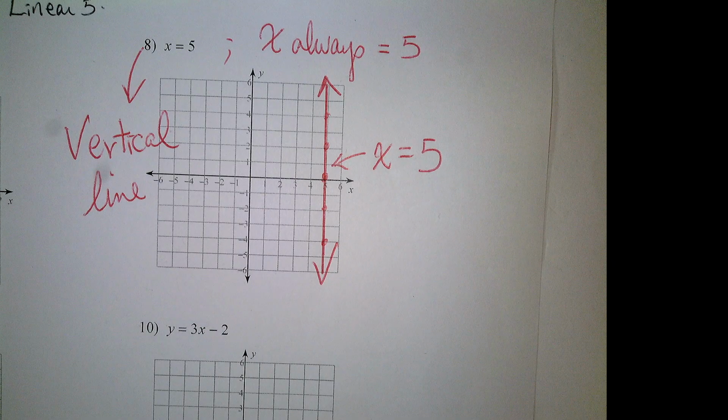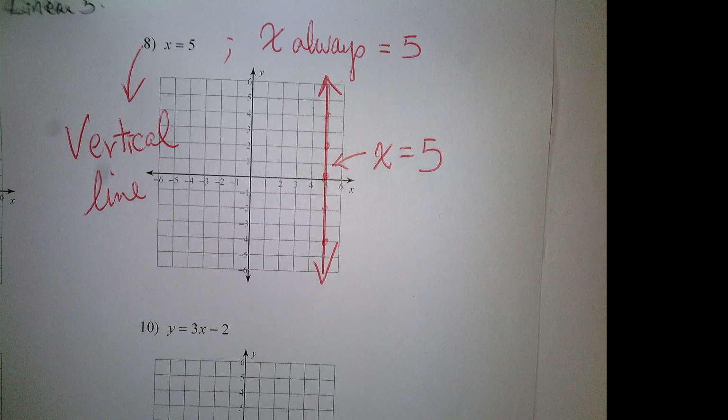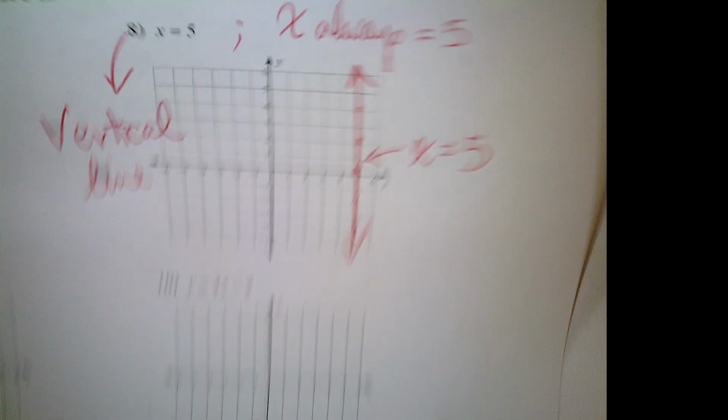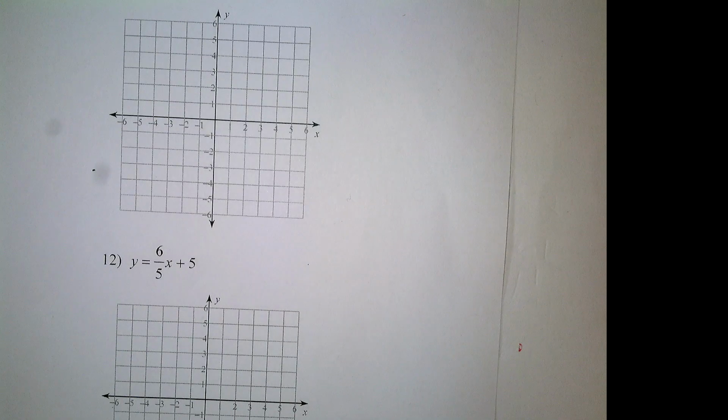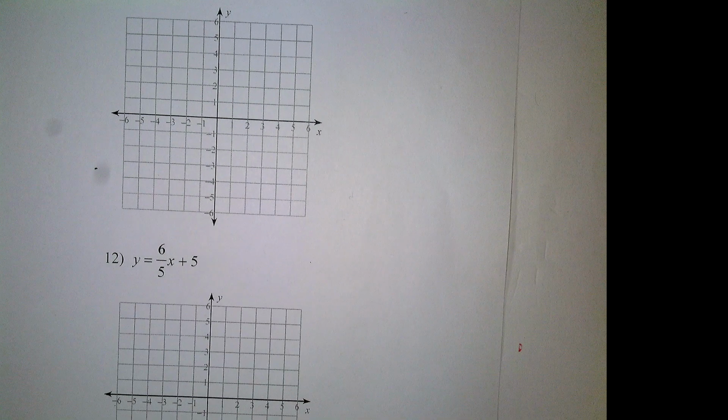All right, great. So now you can follow the 2 examples and should be able to finish the 8 questions. But in helping you one more time, let's review slope-intercept form. Look at number 12.